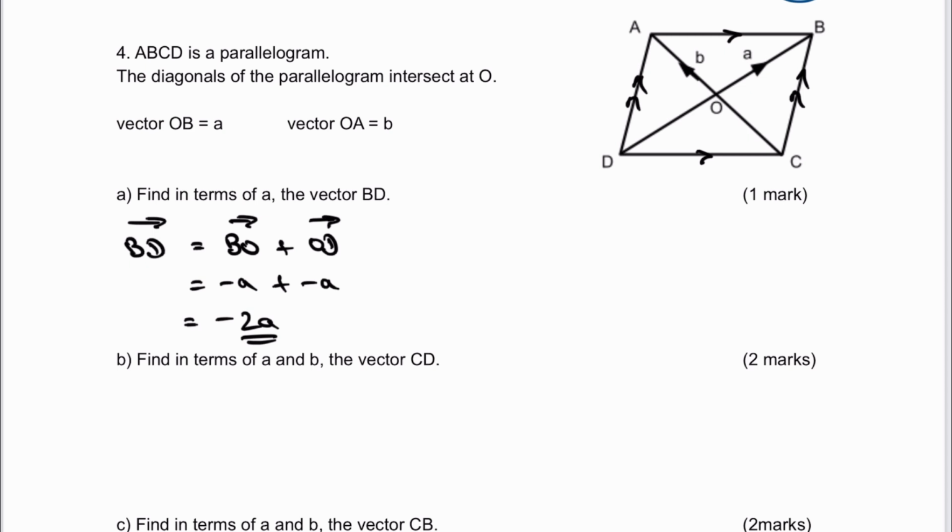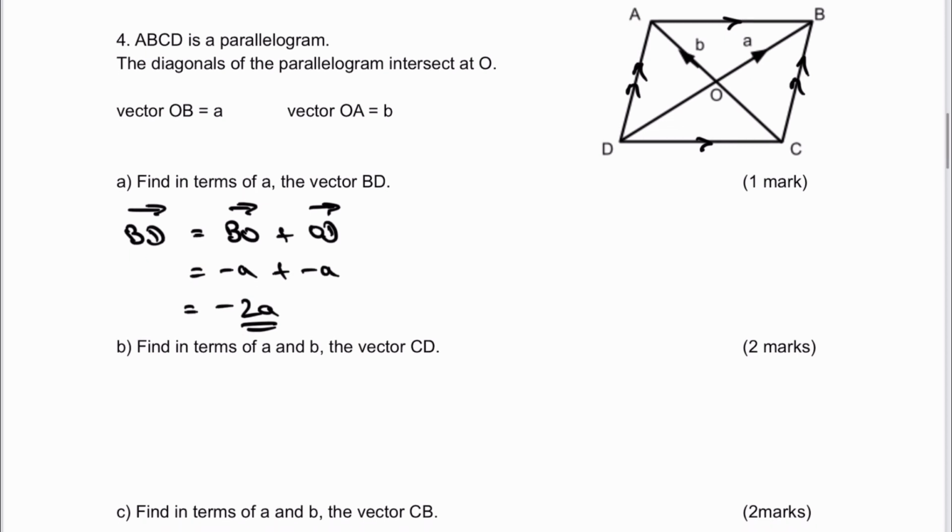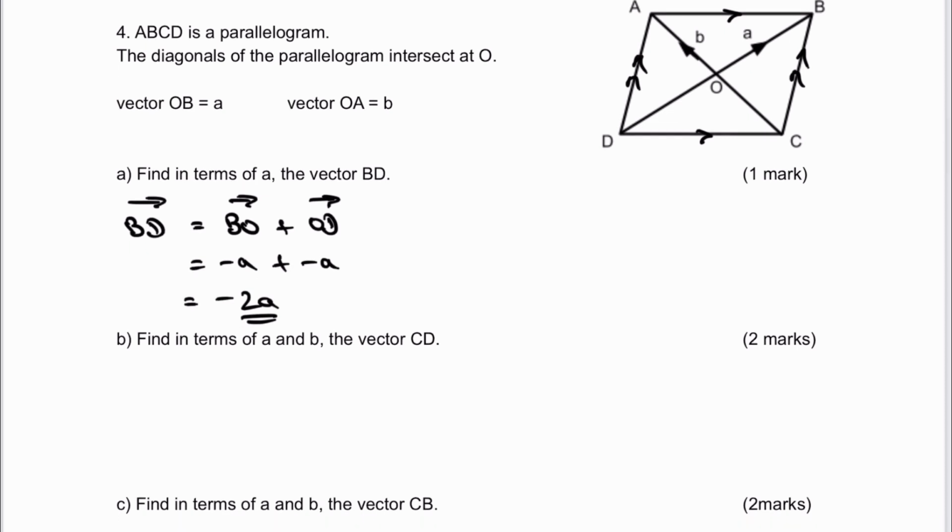Okay, let's have a look then at vector CD, which is in terms of A and B. So CD is going to be the line along the bottom here, and to get to CD, what I do is I'm going to make the journey, which is going to be CO, and then I'm going to plus vector OD.